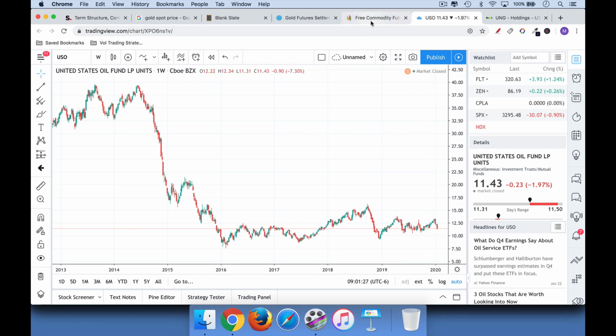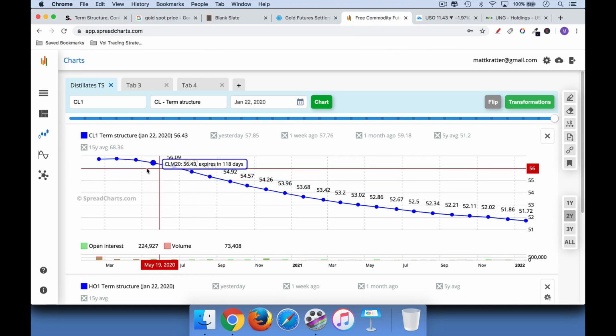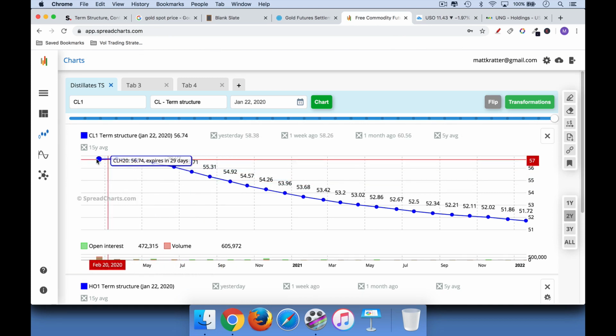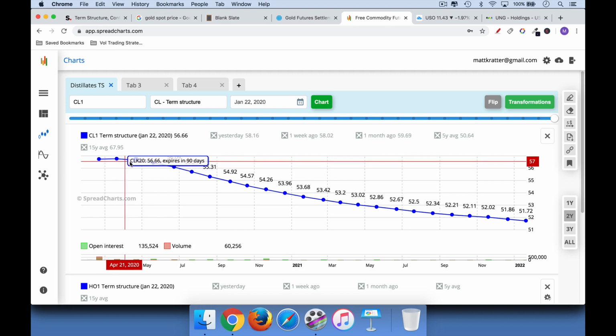The nice thing about owning USO at the moment is that basically you are rolling up the curve. Now it looks like the front of the curve here is not that steep. So March delivery 56.74, next delivery 56.76. That's actually in Contango there, and then it goes down 56.66. So it's back in backwardation.